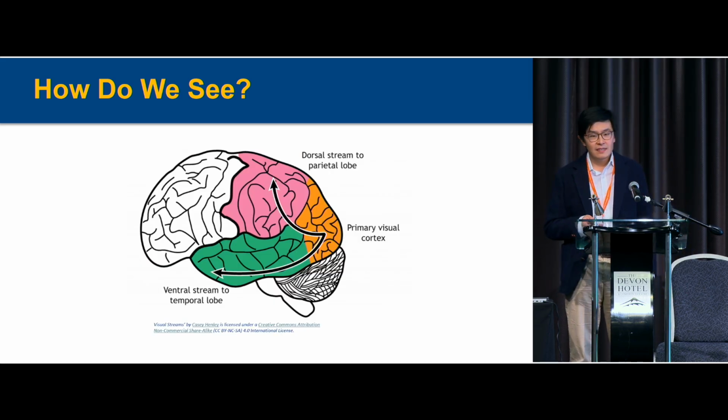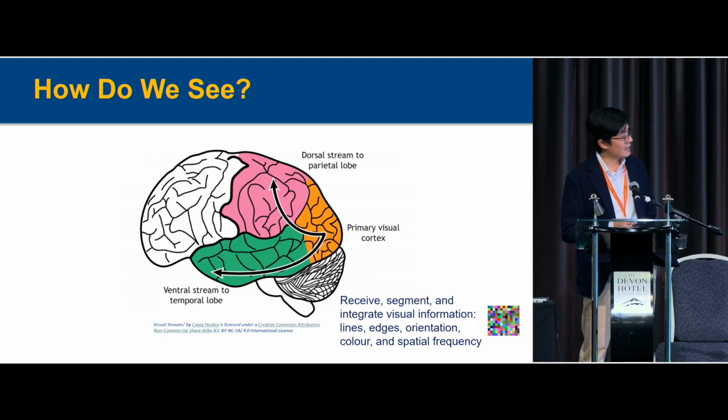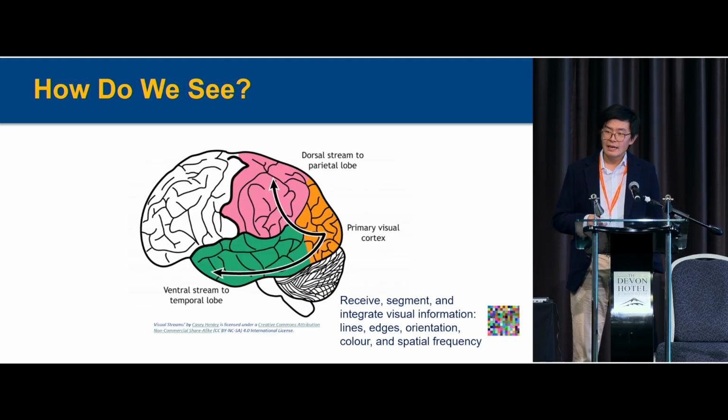So what happens in the brain once that light information gets sent? Most of the processing happens at the back of the brain in the occipital visual cortex, or the primary visual cortex. Information comes in as little pixels, and the brain divides it up into information about where that light is located in space and what color it is.